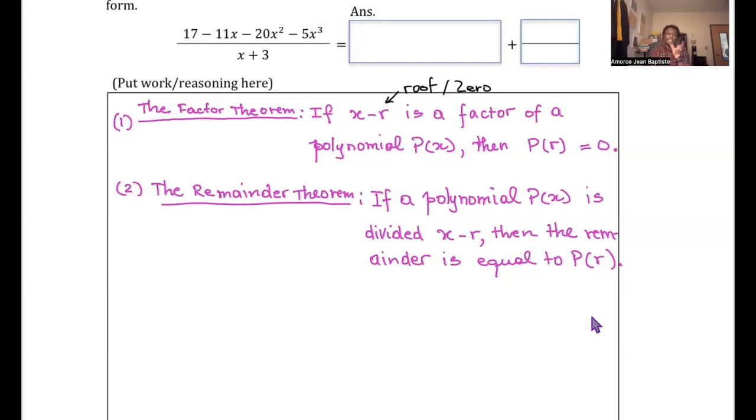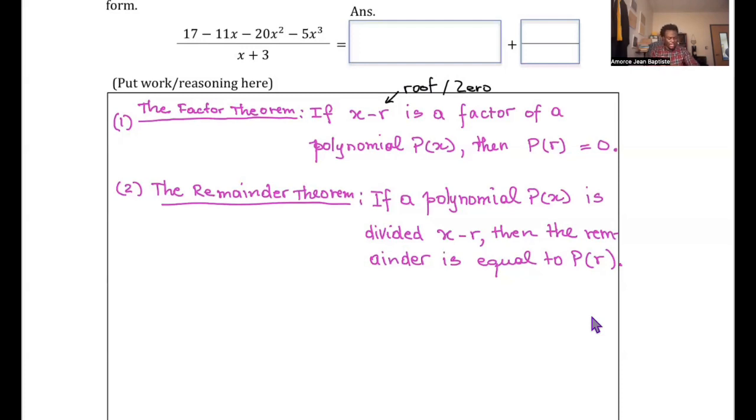So if x minus r is a factor, when you plug in r, it's going to make the polynomial equal 0.